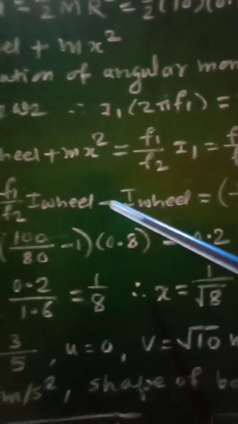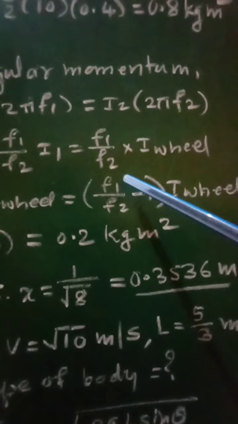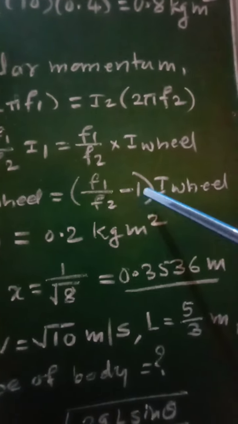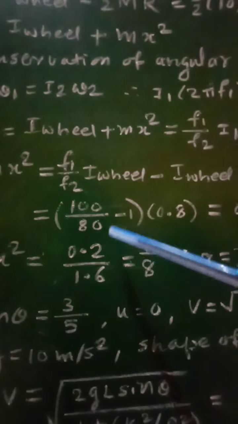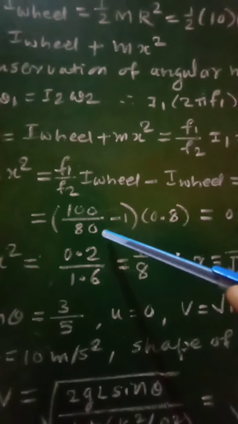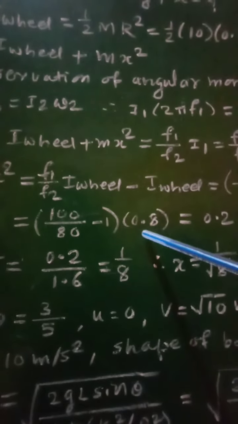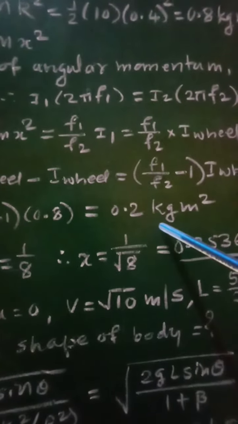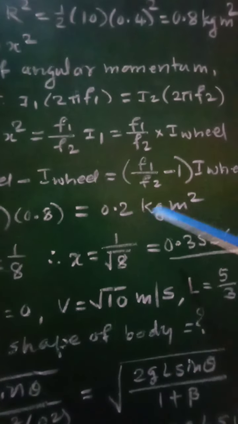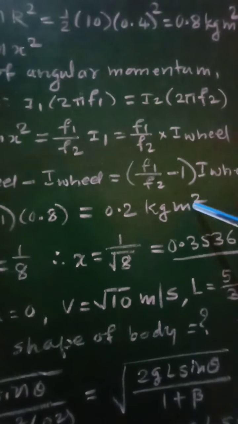I fill will be taken common from these two terms, and therefore we will get f1 by f2 minus 1 into I fill. By putting the values we will get 100 upon 80 minus 1 into 0.8, which comes out to be 0.2 kilogram meter square.